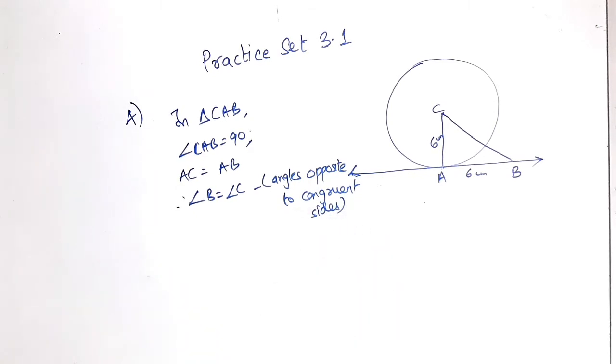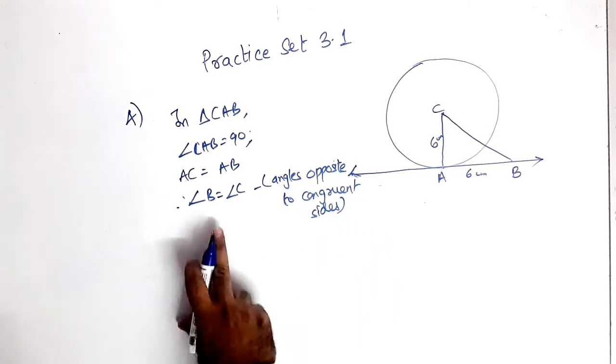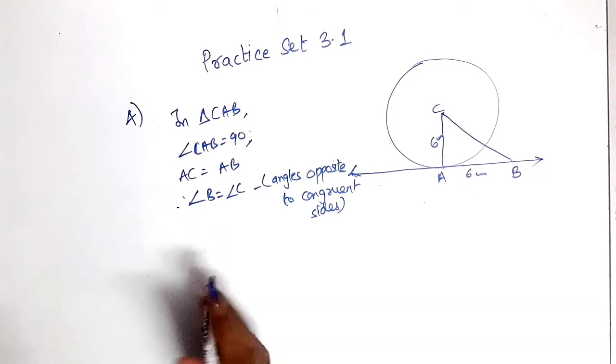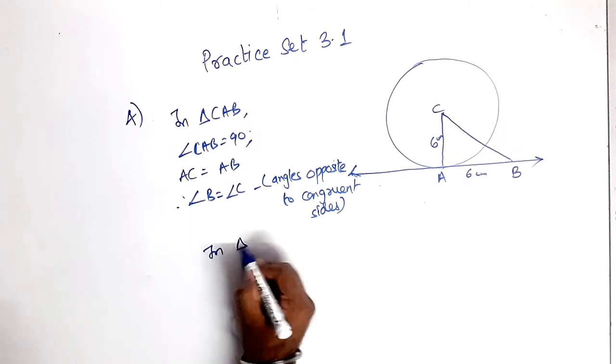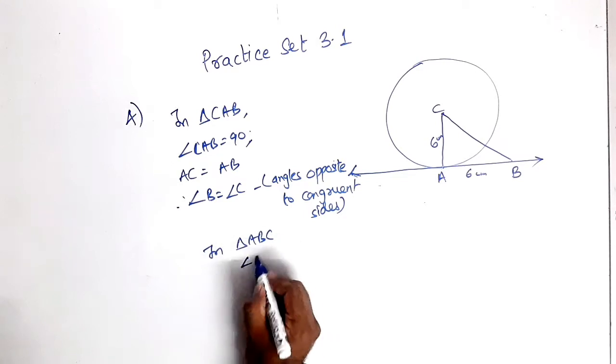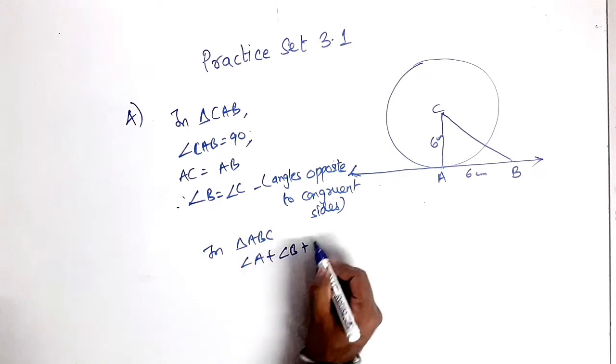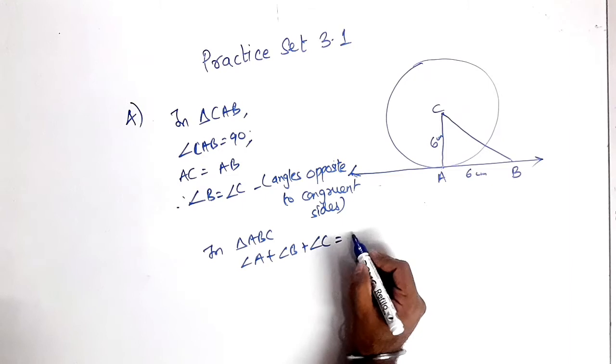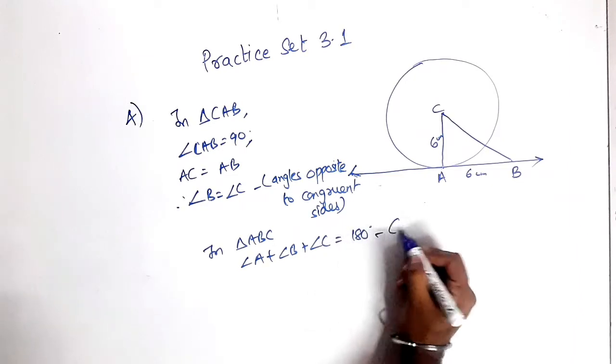Okay, now angle B equals angle C, so you can see I can write in triangle ABC, angle A plus angle B plus angle C equals 180 degree.